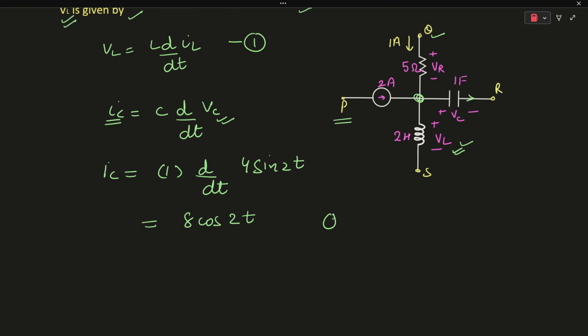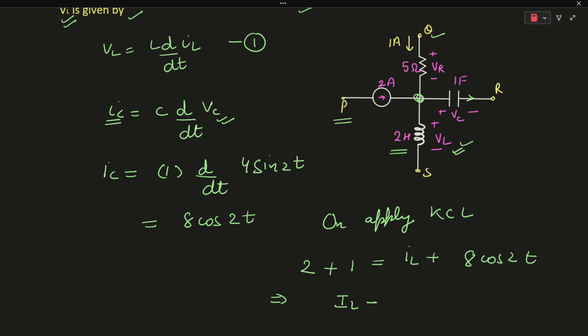On applying KCL, we can say that 2 ampere current, plus the current flowing through the 5 ohm resistor, which is 1 ampere, is equal to the current flowing through the 2 Henry inductor, which is IL, plus the current flowing through the capacitor of 1 farad, which is equal to 8 cos 2t. So it means that IL will be equal to 3 minus 8 cos 2t.